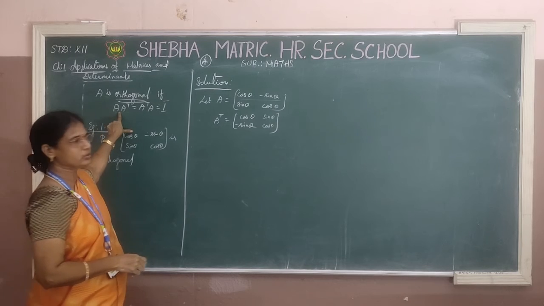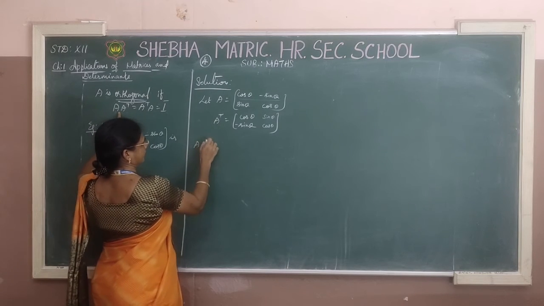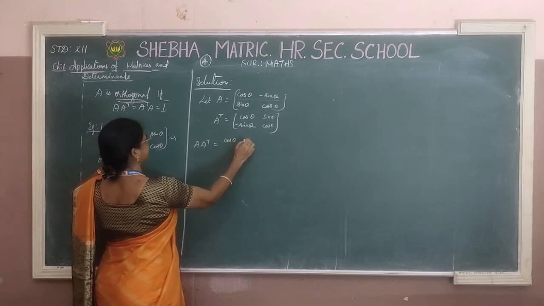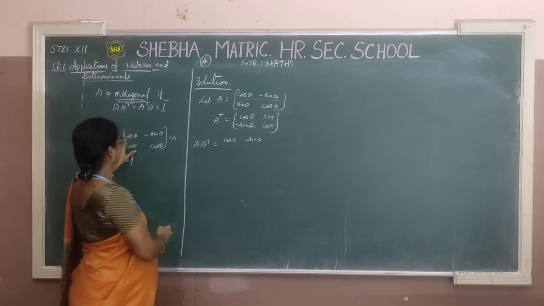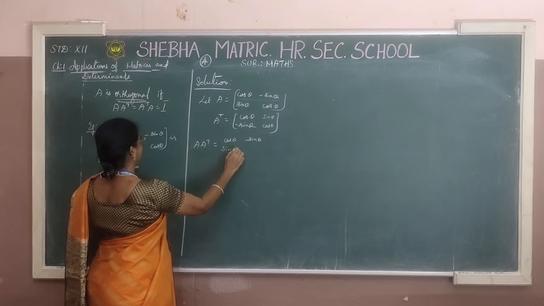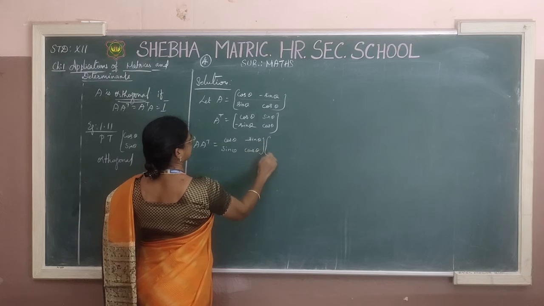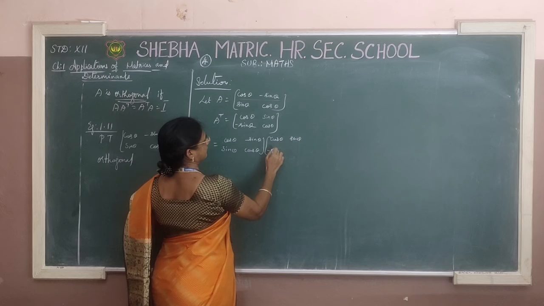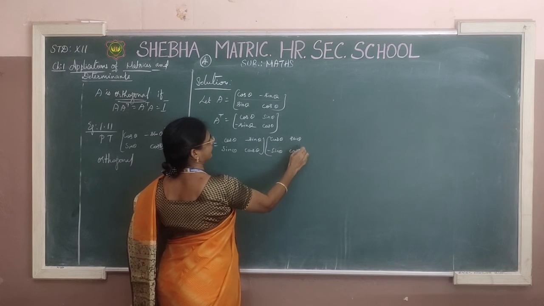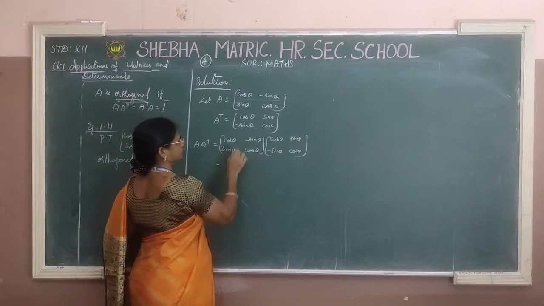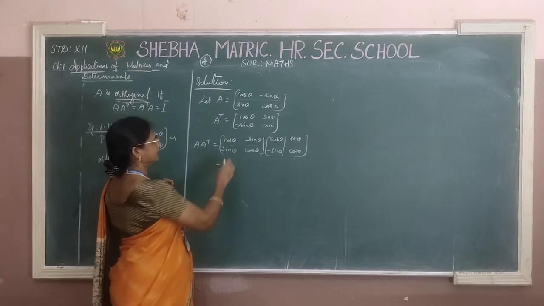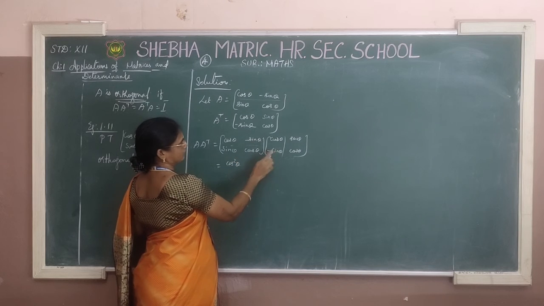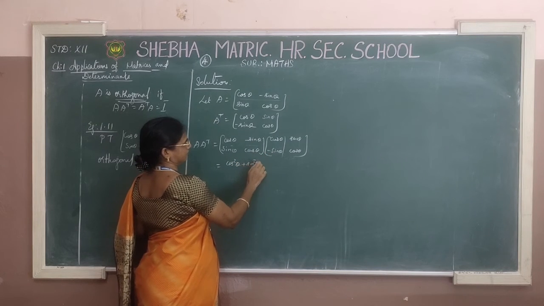First find A into A transpose. A is [cos theta, -sin theta; sin theta, cos theta]. A transpose is [cos theta, sin theta; -sin theta, cos theta]. So, now multiply these two matrices, we get cos square theta minus sin theta into minus sin theta, plus sin square theta.